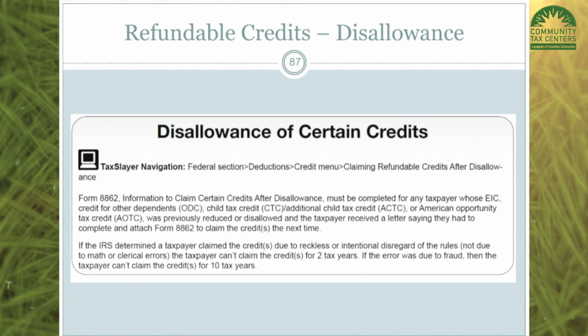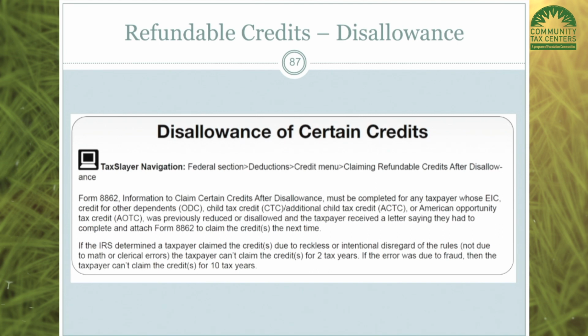So what happens if someone claims a qualifying child or claims one of those credits and they should not have? There's a disallowance of certain credits. A lot of times we don't know, maybe the IRS has reached out and already reprimanded a taxpayer about putting someone on their tax return. When we go to submit the return, it comes back flagged that we have to add Form 8862.